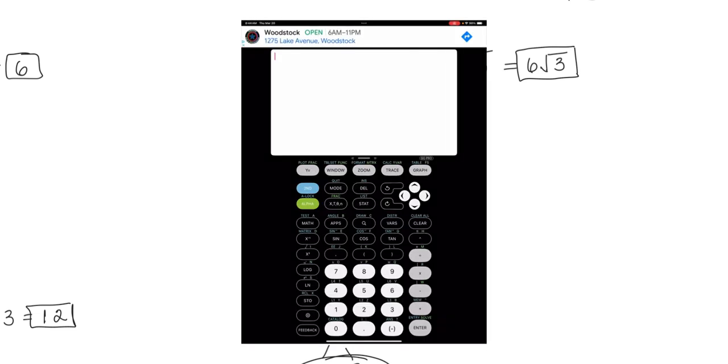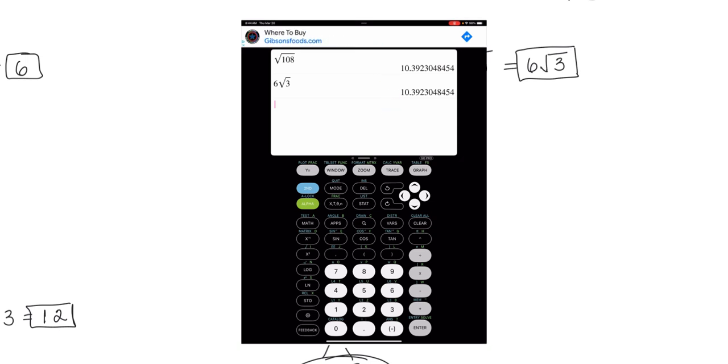If we look at that last problem, square root of 108, we get this really long decimal, 10.39, blah, blah, blah. We simplified that to be 6 square root of 3. So these should give me the same thing because they are simplified. 6 root 3 is simplified of 108. And we do. We get that same decimal, so we can see that these are equivalent.